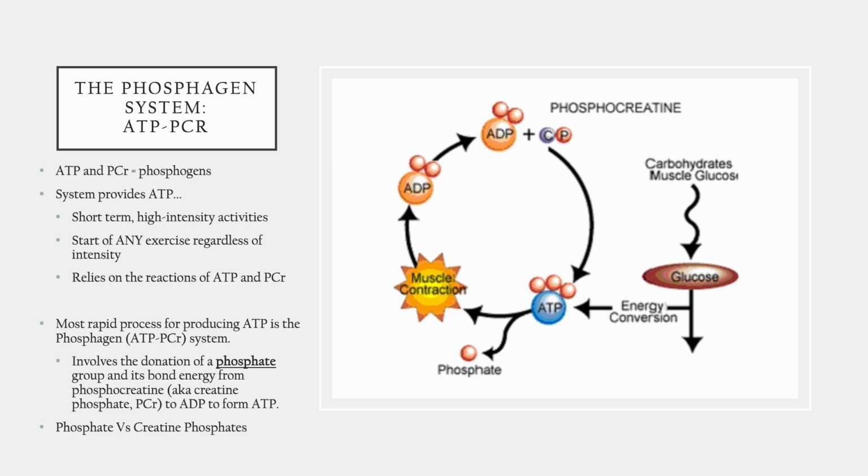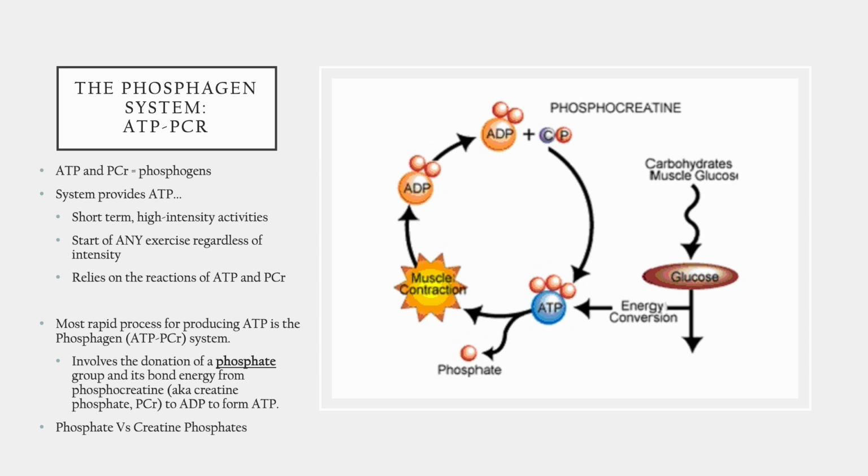The most rapid process for producing ATP is the ATP-PCR system. It involves the donation of a phosphate and its energy bond from the phosphocreatine, aka creatine phosphate, to ADP to form new ATP. Phosphocreatine, right?